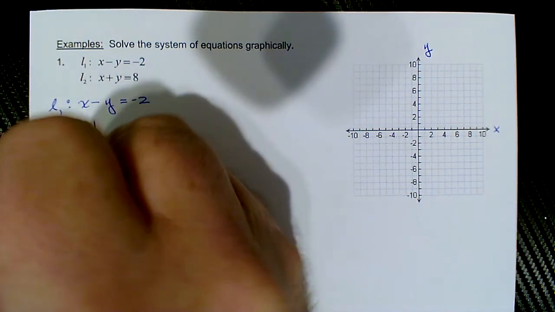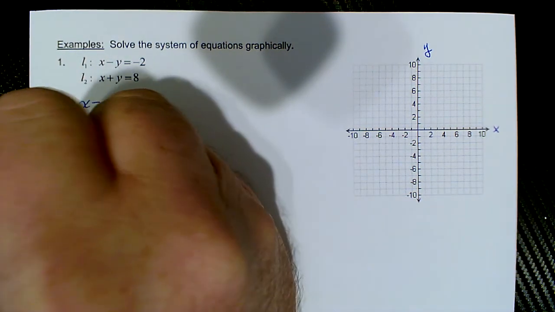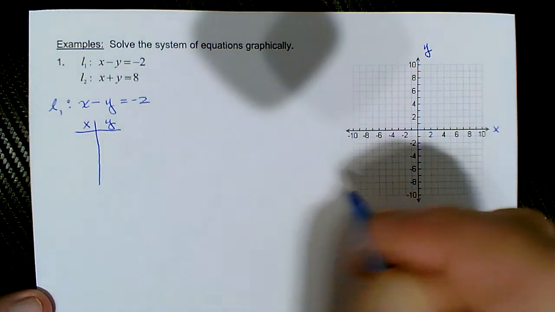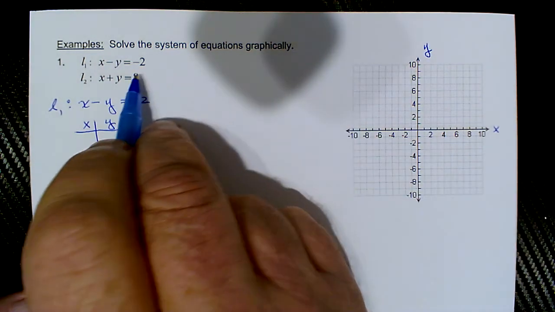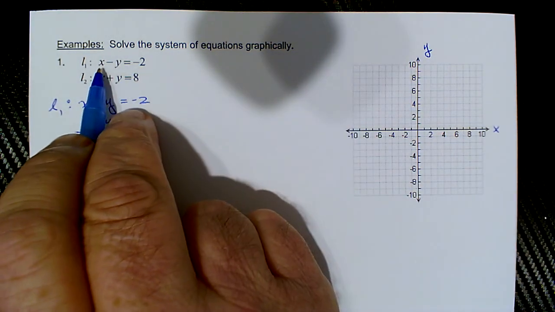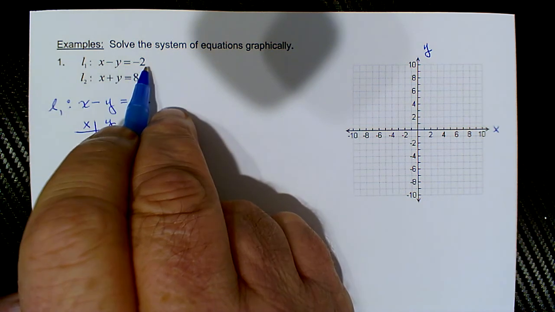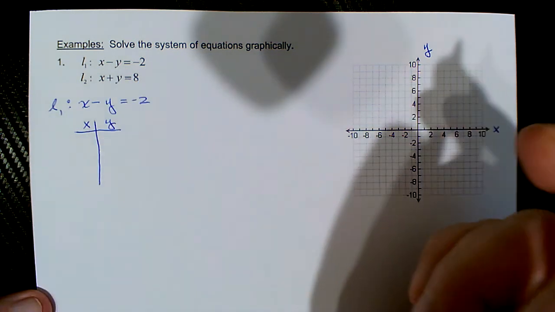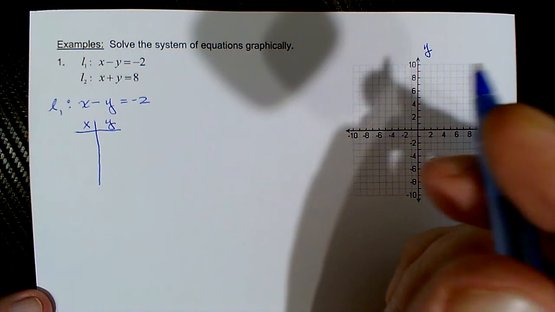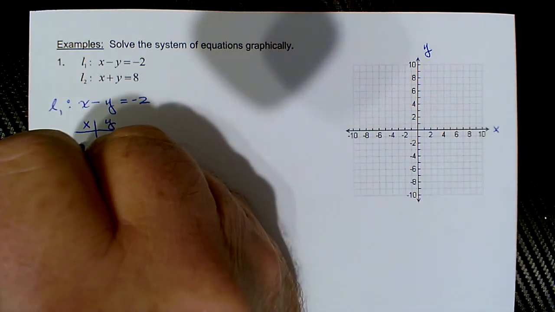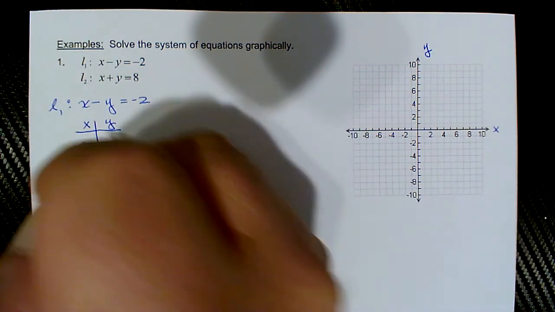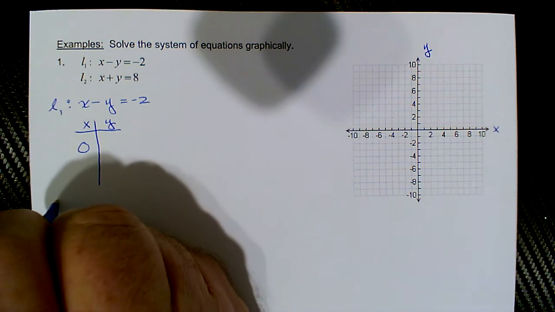And I'm just going to set up a table of x and y values. I'm actually going to use the intercept method because, remember, when you have x and y on one side and a constant on the other side, typically the intercept method works well. So I'm going to let x equal 0. I'll just do the work underneath.